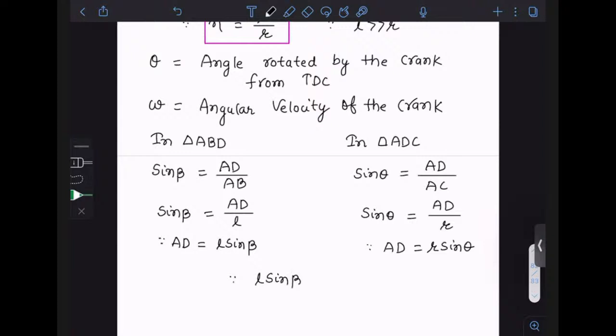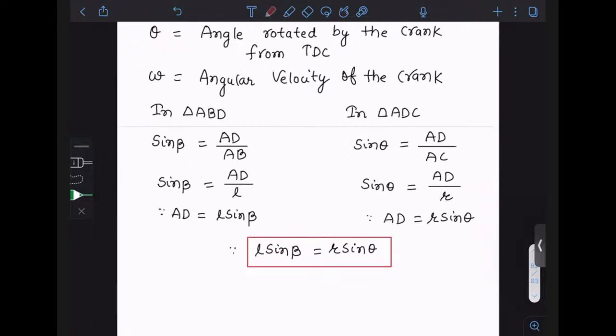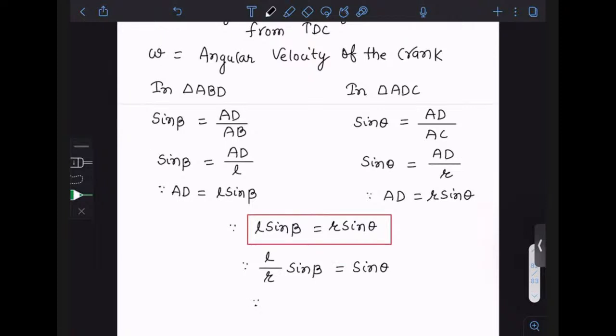L sine beta is equal to R sine theta. We can say that. And we also know that L by R is N. So here you can write N sine beta is equal to sine theta.